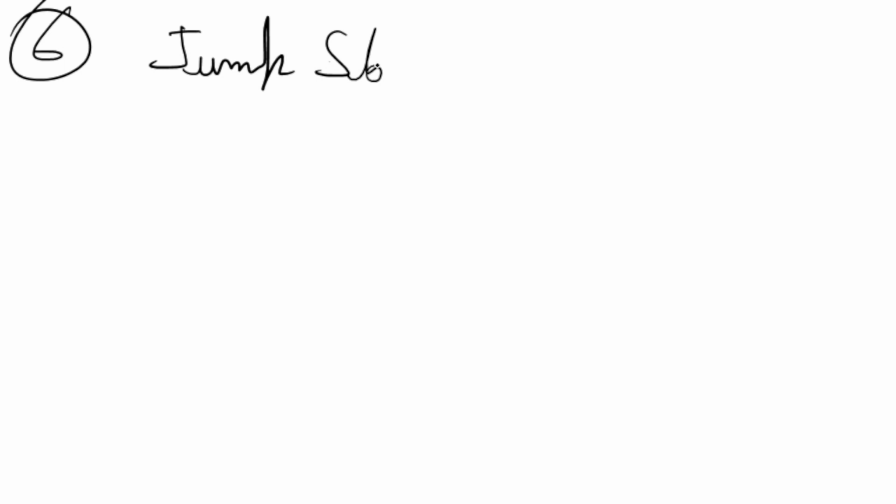now let's move on to the sixth one, which is our jump statements. So basically it is used to alter the flow of control within a program.